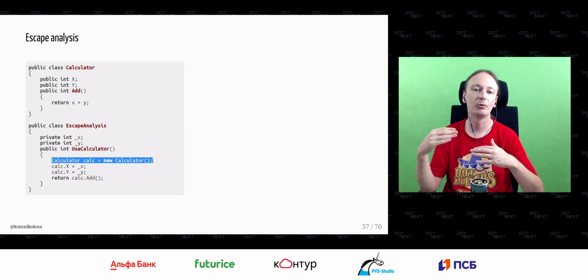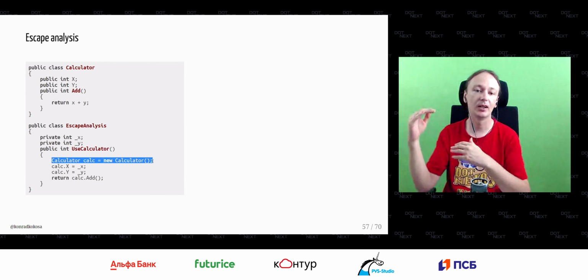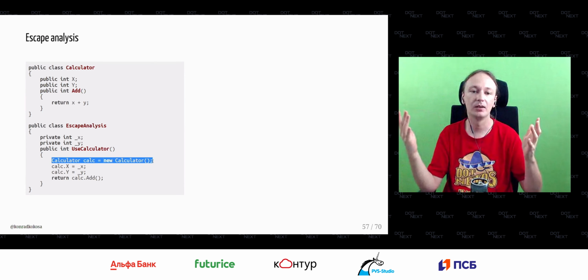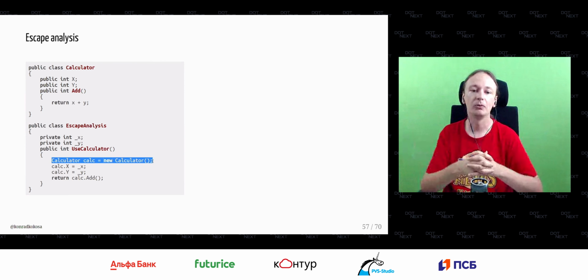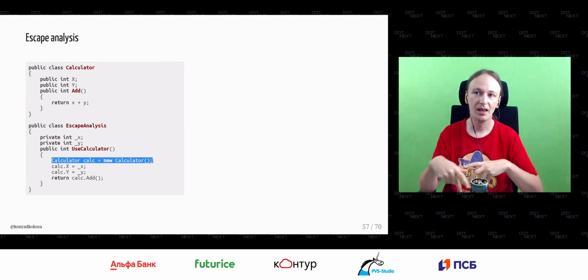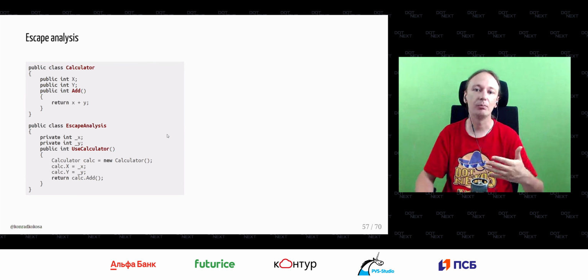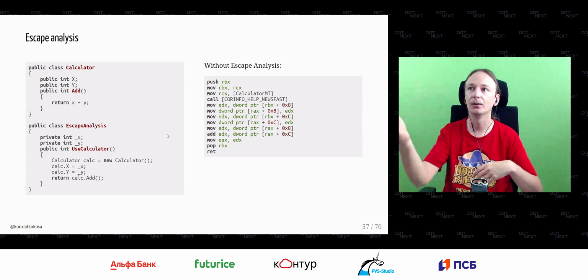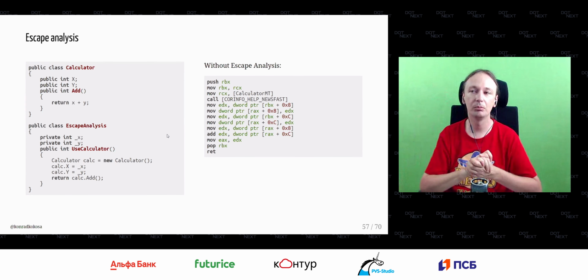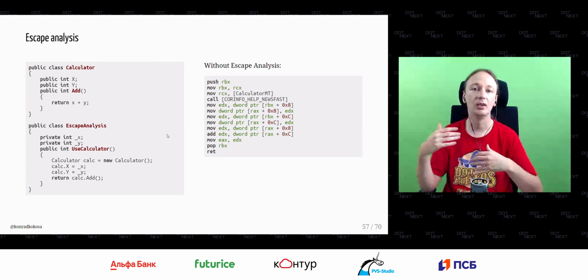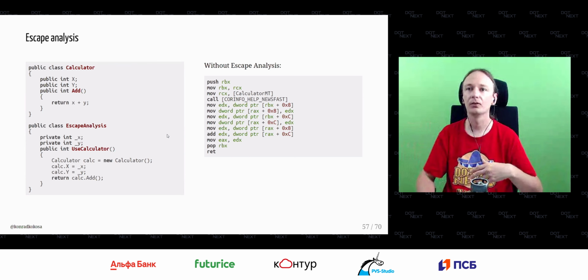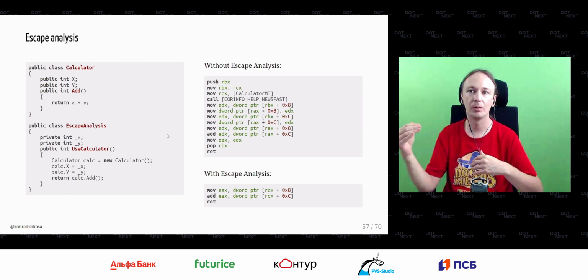So in fact, there is no sense in creating it on the heap because no one else is using it, so it could be created on the stack. And this is exactly what escape analysis is doing. Instead of creating this on the heap, calling the whole allocator and all these troubles because of using a reference type instance, the escape analysis will see on the JIT level that okay, it is enough for this particular method to use it on the stack.